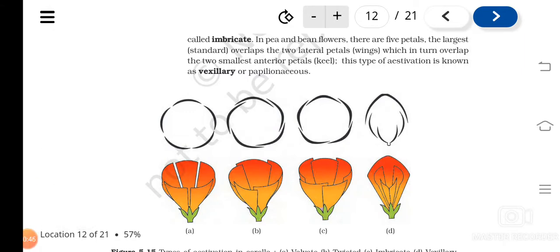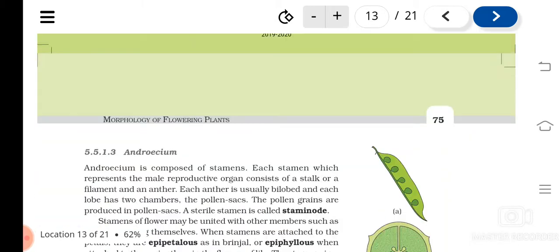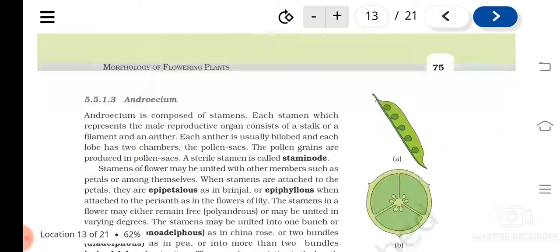In twisted, there is overlapping. In imbricate, there is overlapping, but not in a particular order. Vexillary you can find in the Papilionaceous family, where five petals are there. One is completely out, the two wing petals are in and out, and the two standard petals join to form a single structure that is completely inside.